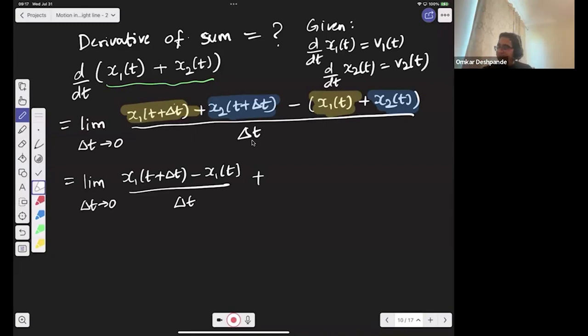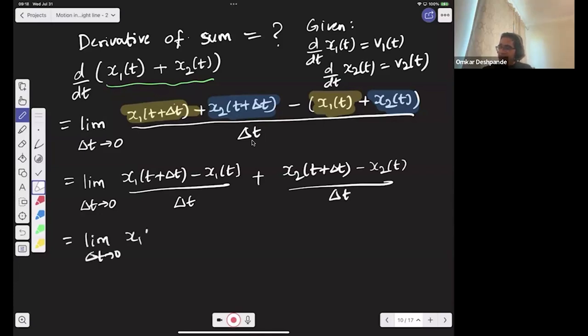their sum? So this is going to be x2 at t plus delta t minus x2 of t divided by delta t. Right? And now I can take the limits inside. Minus x1 of t divided by delta t plus limit.